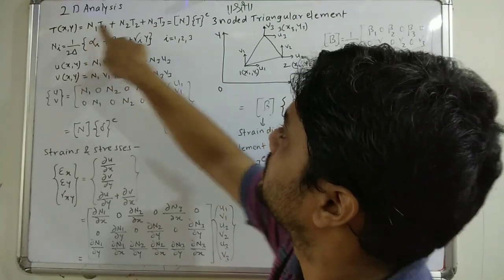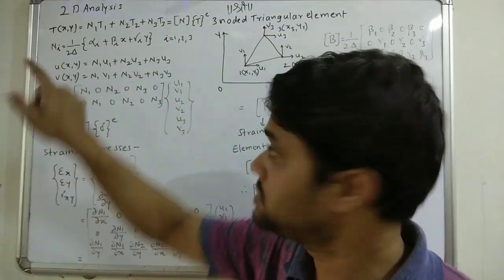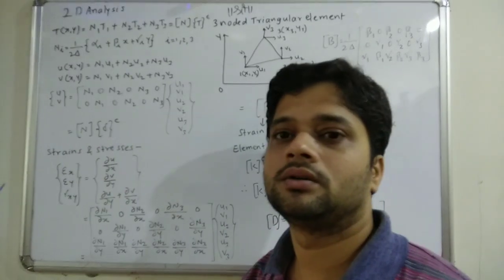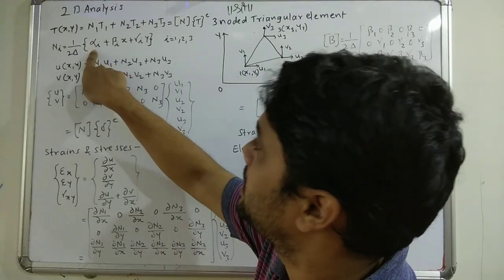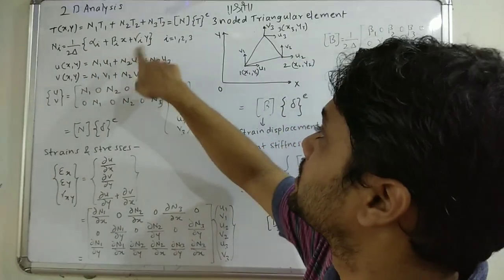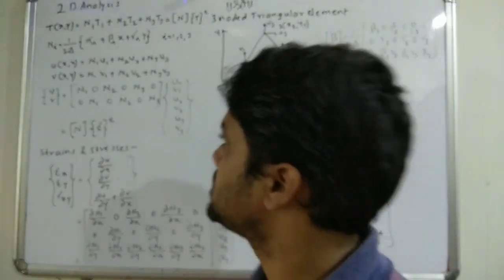I get it in this particular form where my N1, N2, N3 are shape functions, of the form 1 upon 2 times the area of triangle multiplied by alpha i plus beta i x plus gamma i y, where i varies from 1 to 3, which are the node numbers.